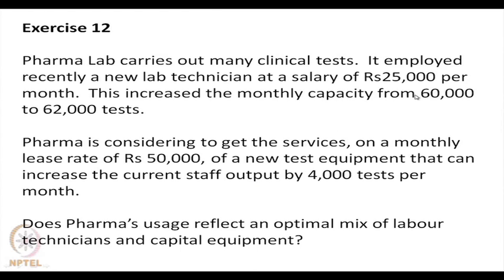It was 2,000 if a new lab technician is added, whereas if a new test equipment is obtained, its output will increase by 4,000 tests per month, but the monthly expense to get the services is 50,000. In fact, it is not purchased, but leased. So, the monthly expense is rupees 50,000.